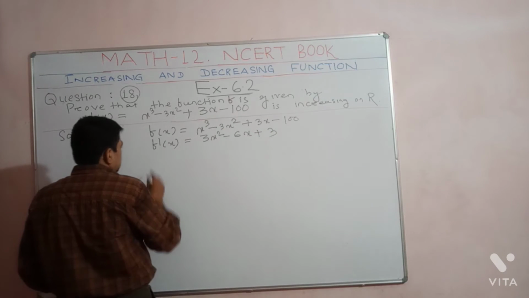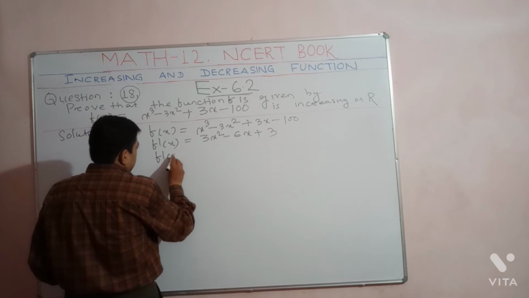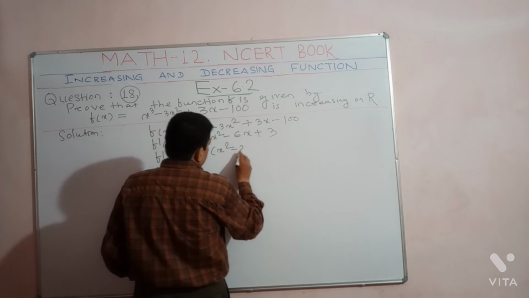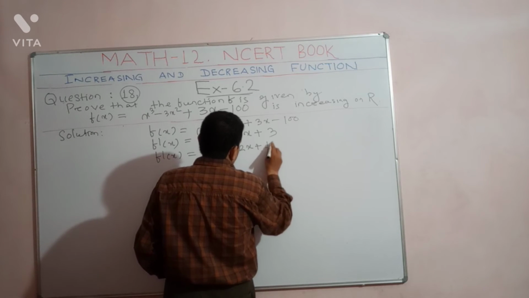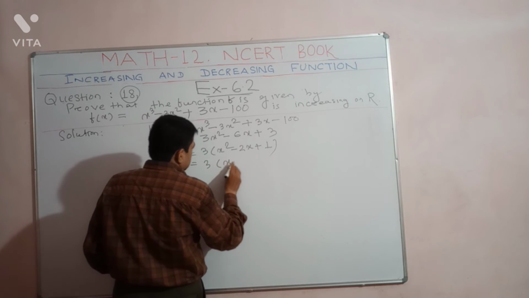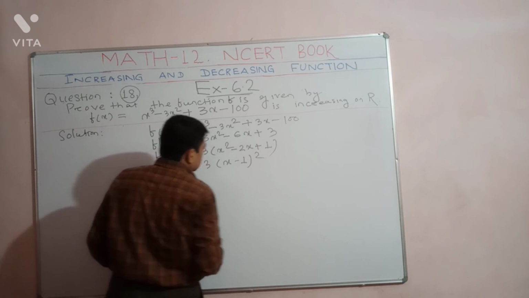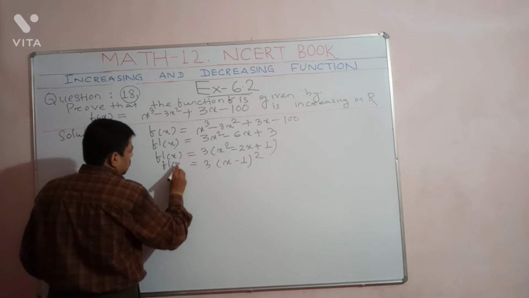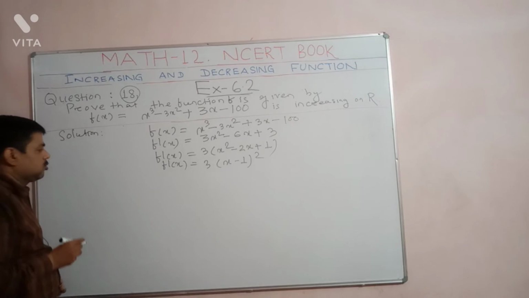Understand or not? So we got f dash x is equal to 3 common, x square minus 2x plus 1. And if we factorize, it will be x minus 1 whole square. So f dash x is equal to 3 into x minus 1 whole square.